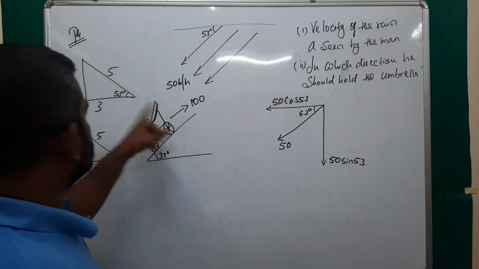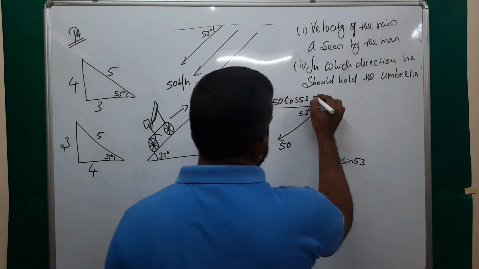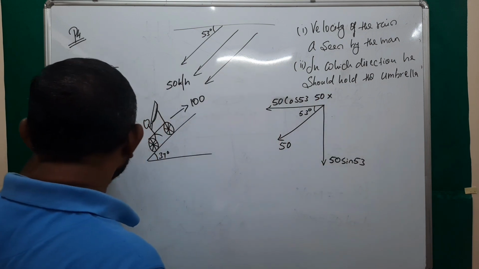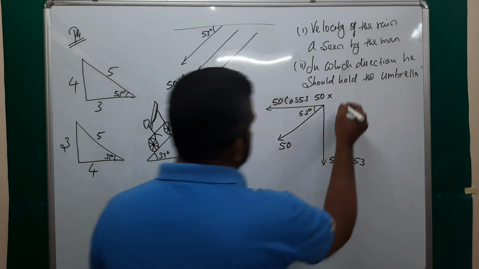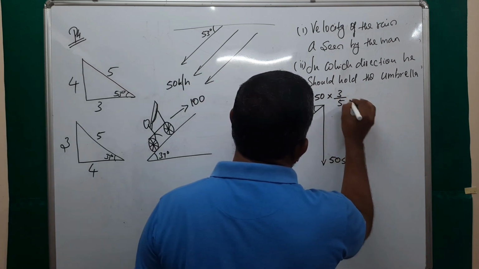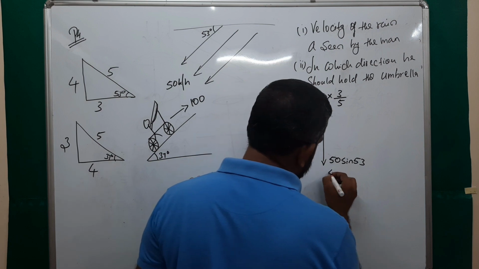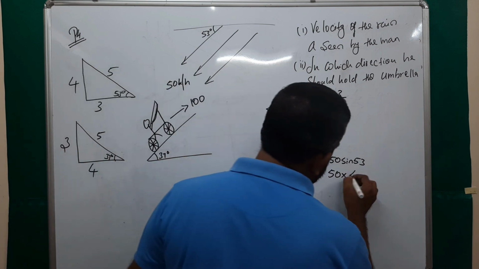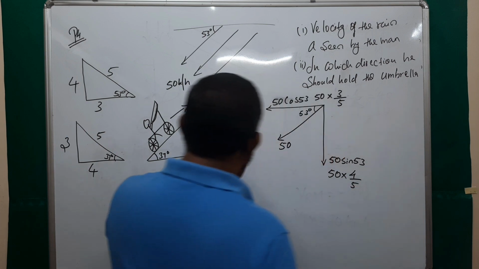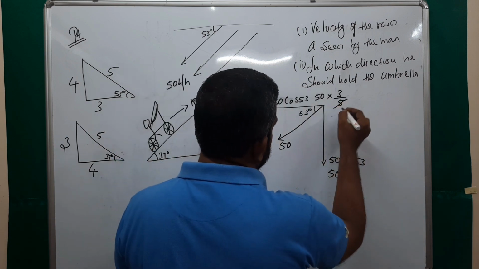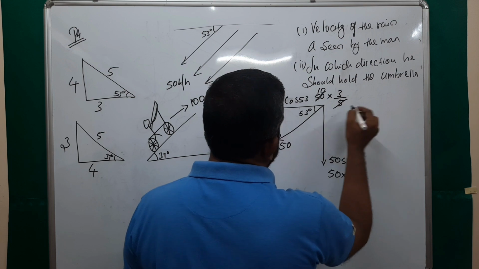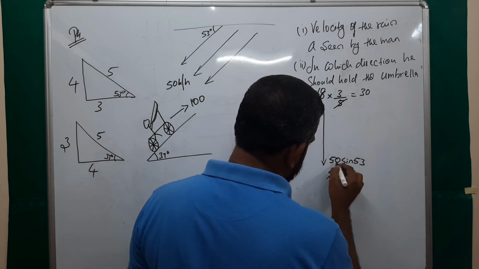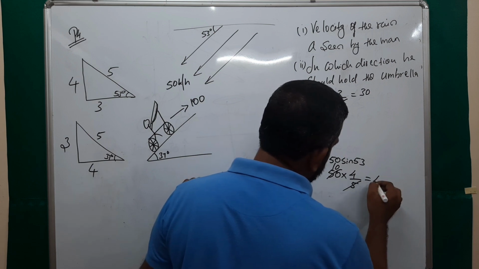So 50 cos 53 is adjacent side by hypotenuse, that is 3 by 5. And 50 sin 53 is opposite side by hypotenuse, that is 4 by 5. So 10 times 3 is 30, and 10 times 4 is 40.